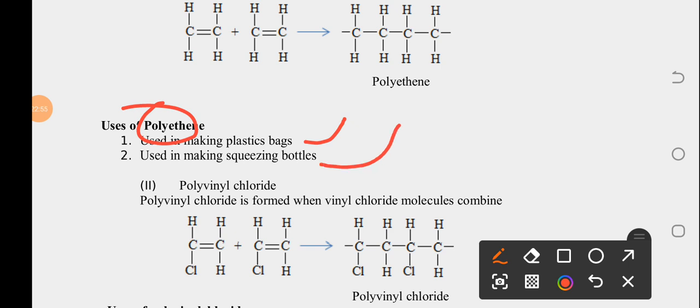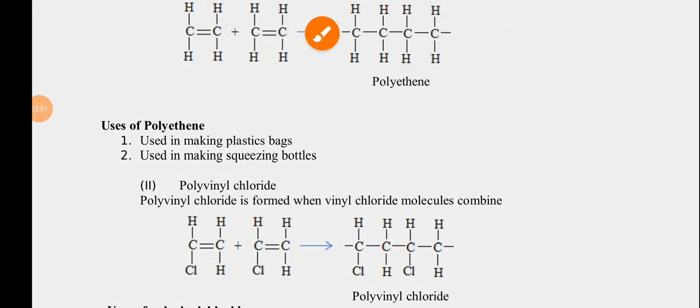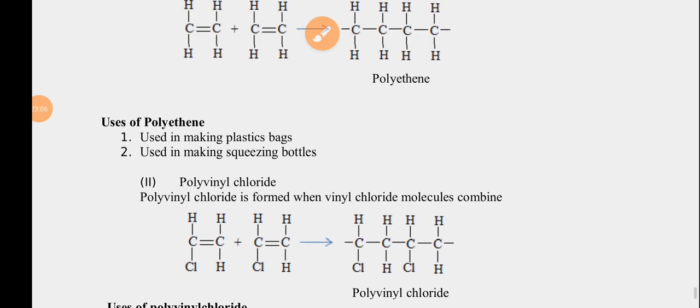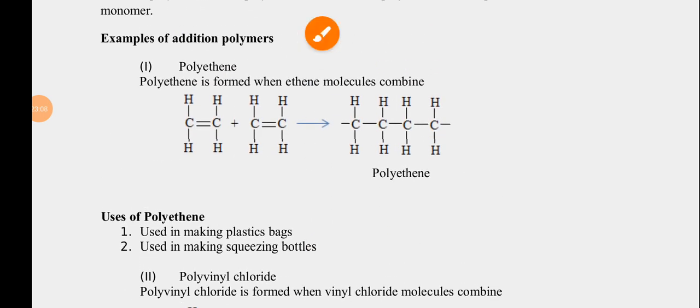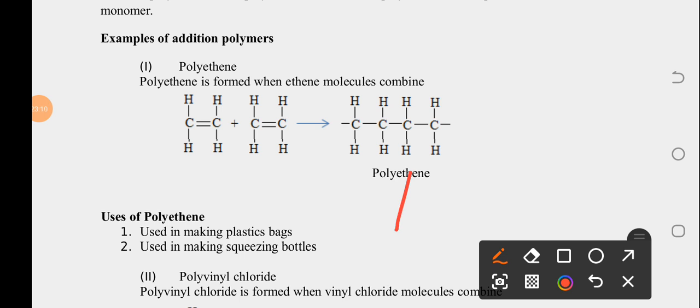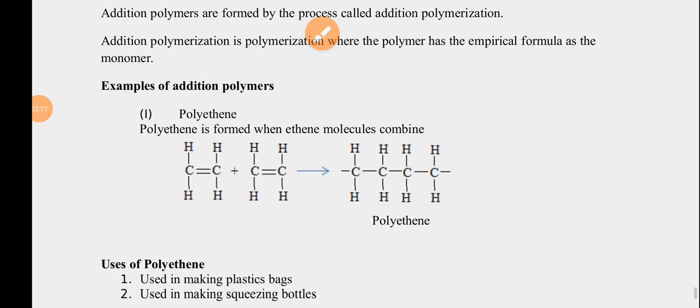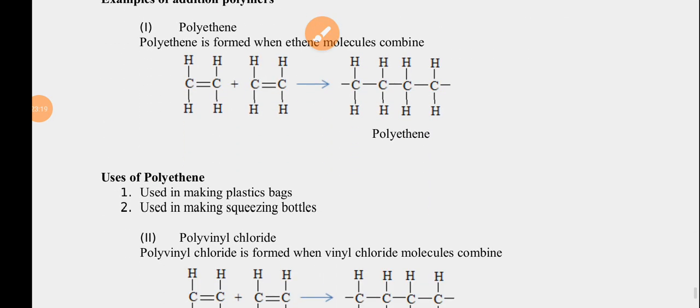Squeezing bottles. It is also used in doing that. Okay, let's go and look at the other example. We've just looked at polyethylene. Let's look at another example of addition polymers.